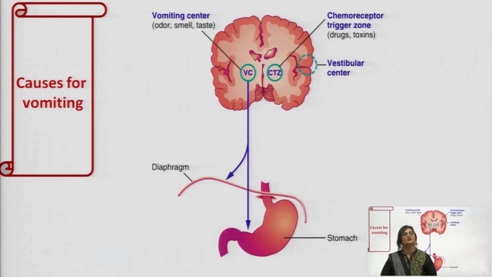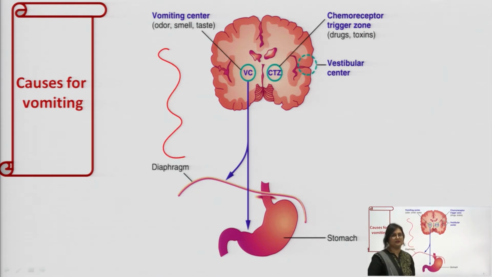Now, what are the causes for vomiting? We can understand this via this one figure. The first cause is direct stimulation of the stomach.